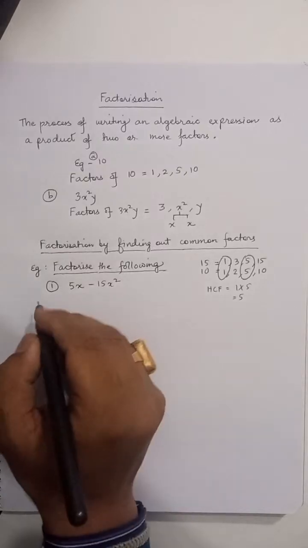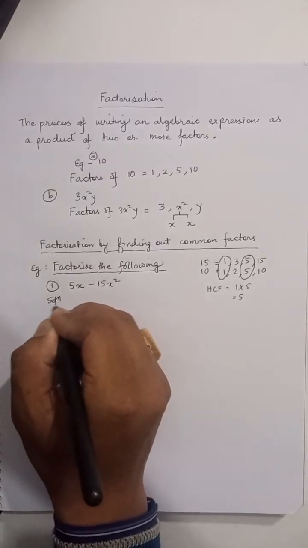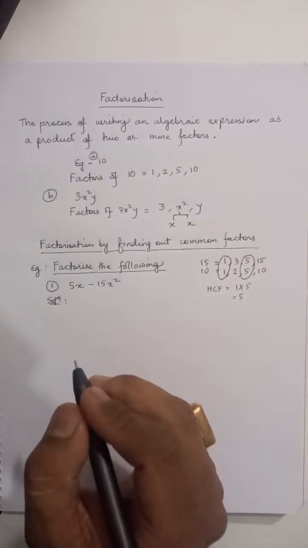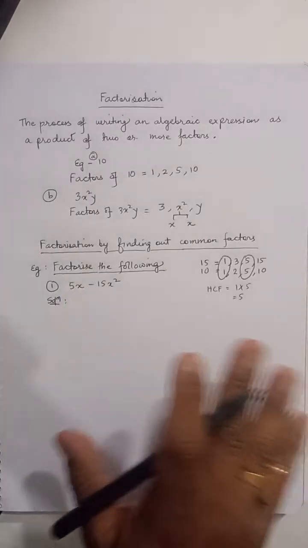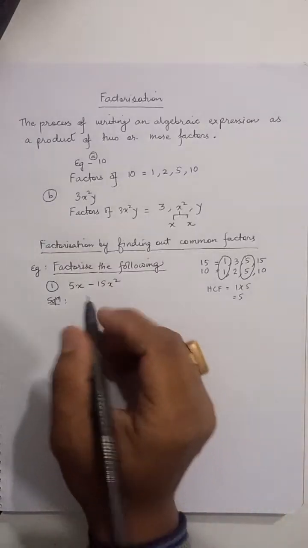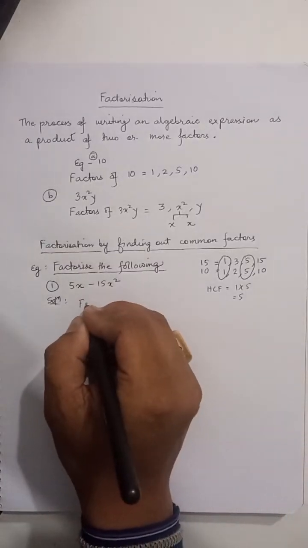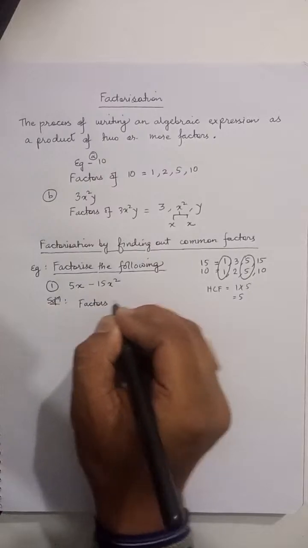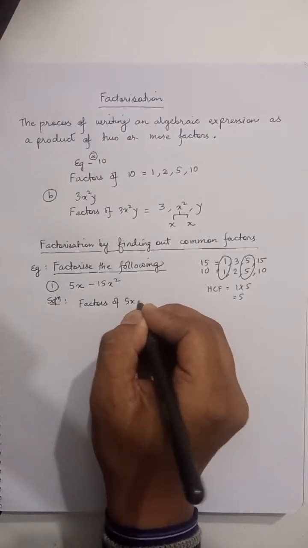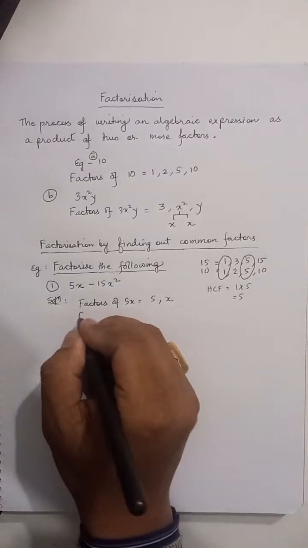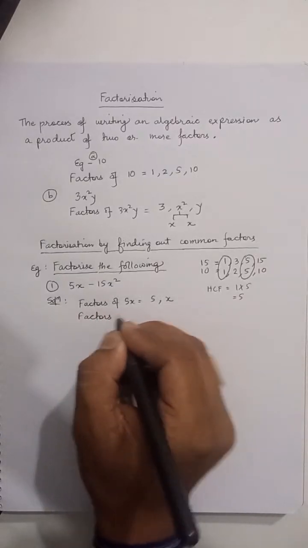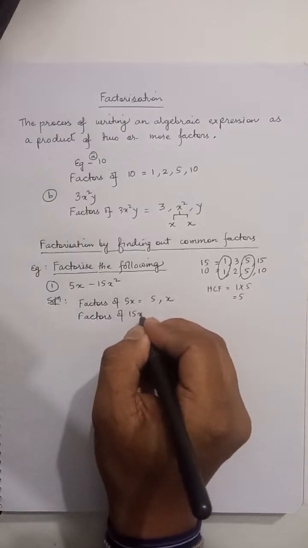So first let me show you the solution in a detailed way. In the exam we don't need to write in such a detailed way. So we will write the factors of 5x. So we'll have 5 and x. Then factors of 15x squared.